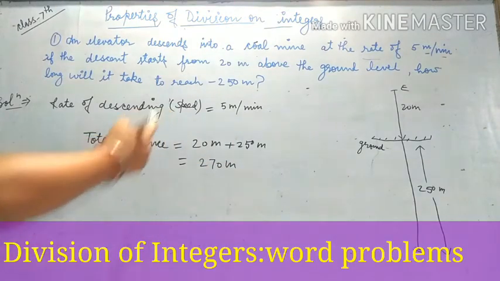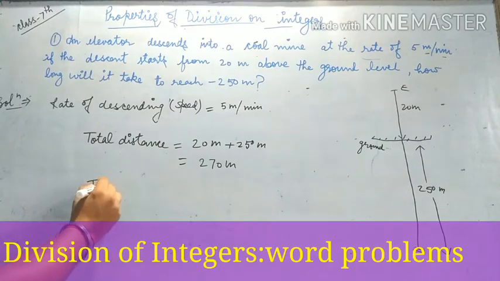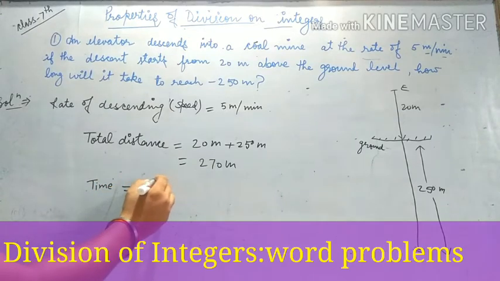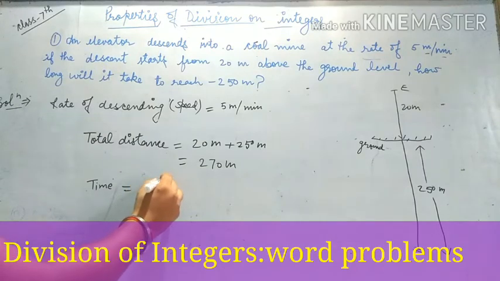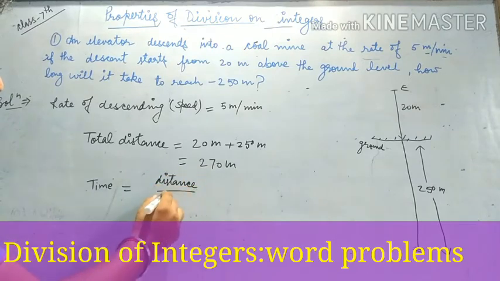So now we have distance and speed. So we will use the formula of time. Time equals distance upon speed.